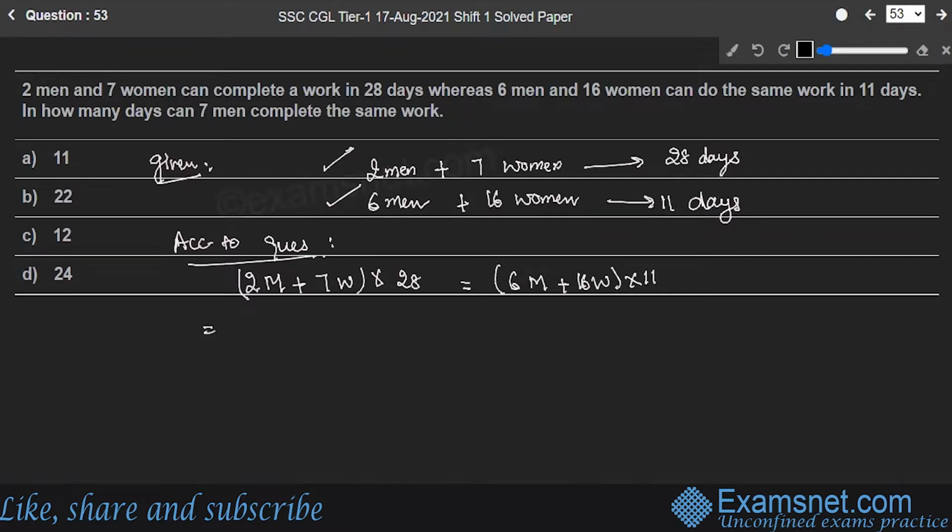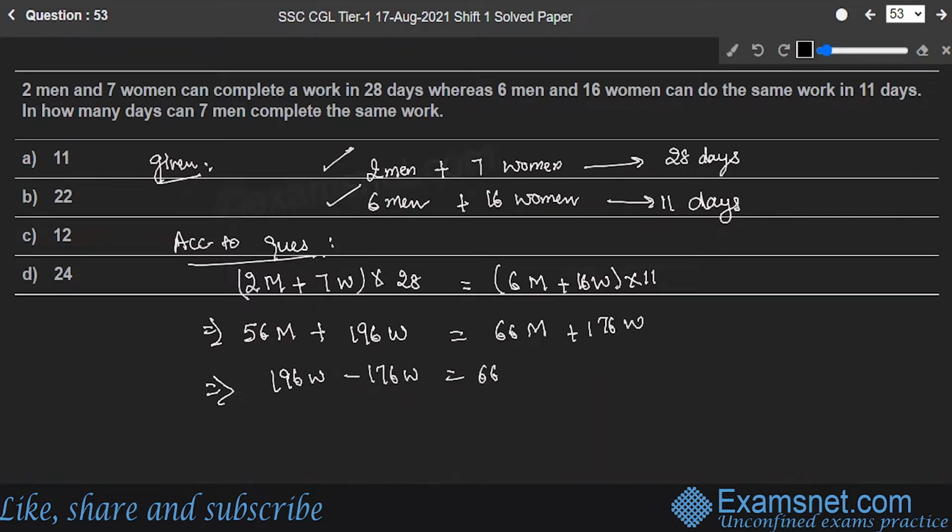Correct? That means 56 men plus 196 women is equal to 66 men plus 176 women. This gives you 196 women minus 176 women is equal to 66 men minus 56 men. That is, 20 women is equal to 10 men.